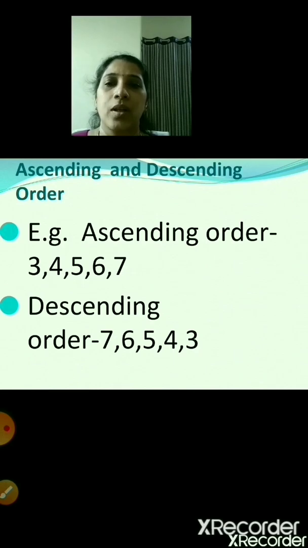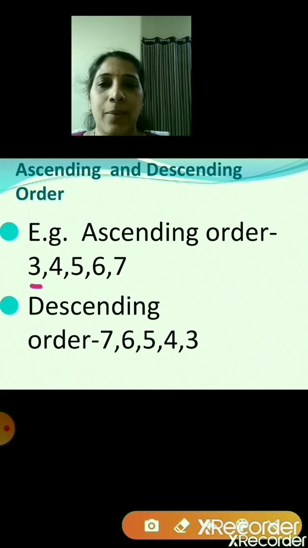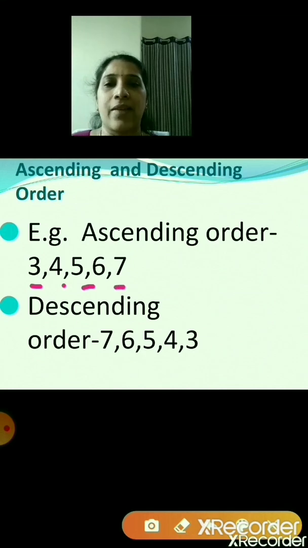Now 3, 4, 5, 6, 7 and so on. When you write, it is the ascending order. You can see that the number 3 is the smallest number. So next number is 4, 5, 6, 7. So these numbers, they are from the smallest to the largest.